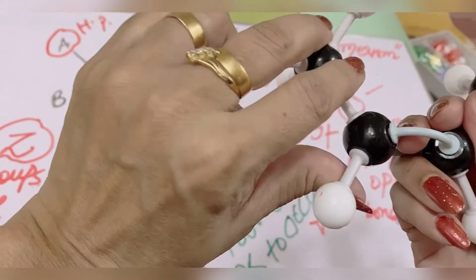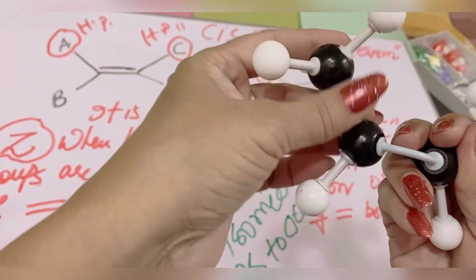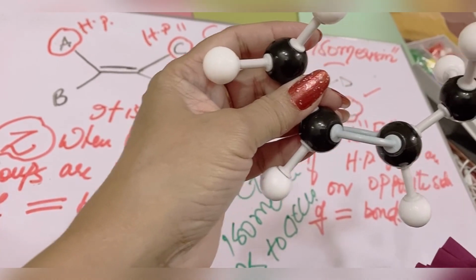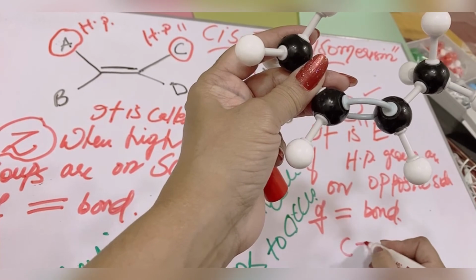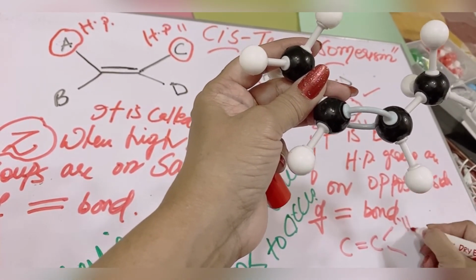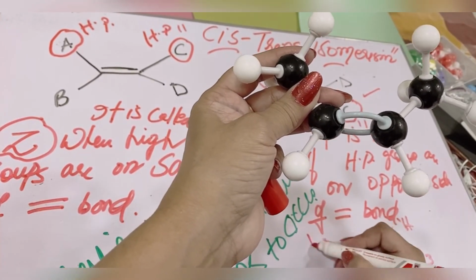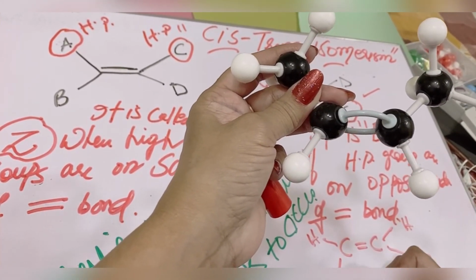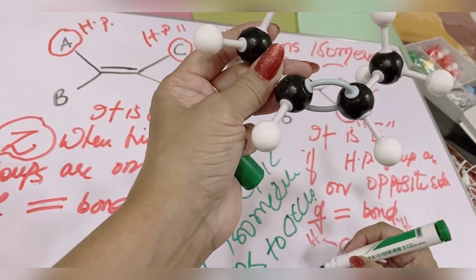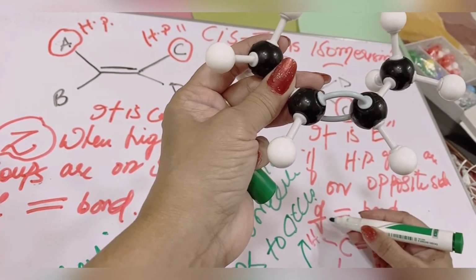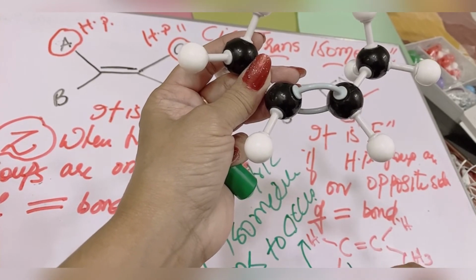Now, if you try to rotate the methyl and this CH, the rotation is very difficult. If I draw this rotation, what I mean is this: if this is the molecule, C double bond C, H and CH3, and of course H and CH3. If you try to rotate it like this, this goes there and this goes there, right?